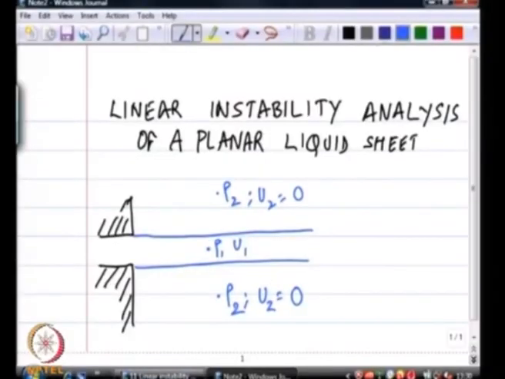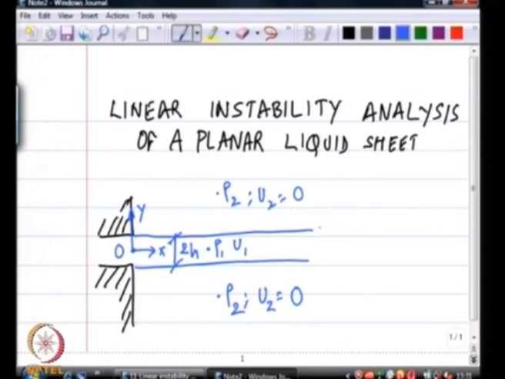So, we will look at a sheet of thickness 2h, with the origin placed in the middle of the liquid sheet.